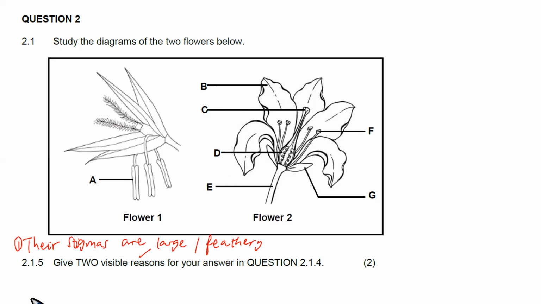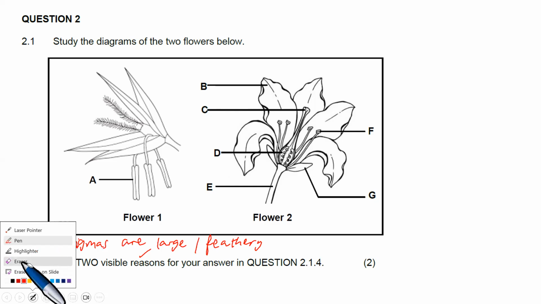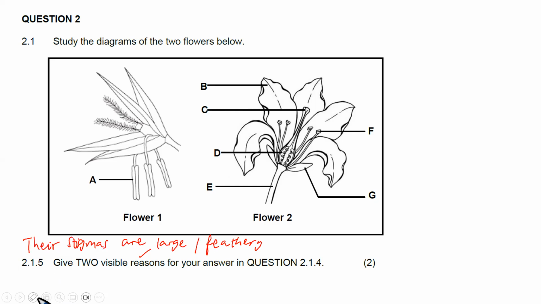Okay, so you need to answer like this. You make some bullet points and avoid numbering because the examiner might think that you are numbering your answer. You must always use the numbering system in the question paper. But also the stamens.